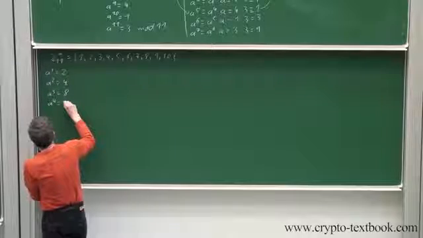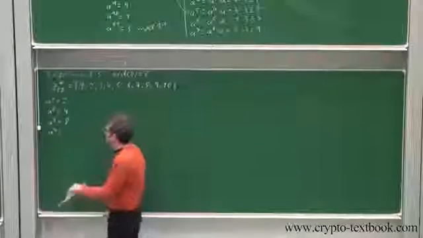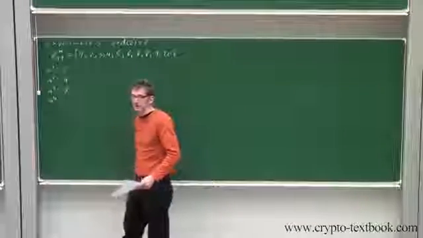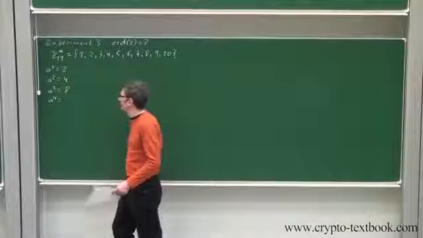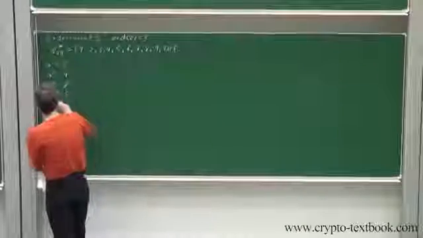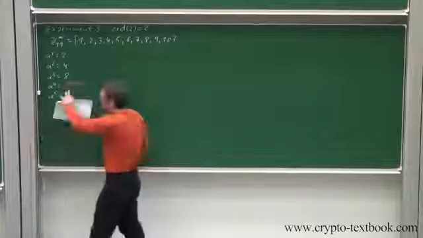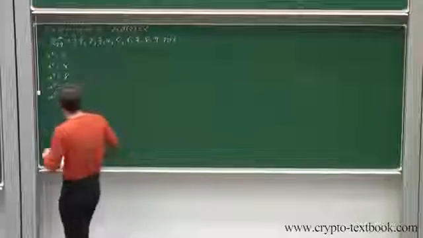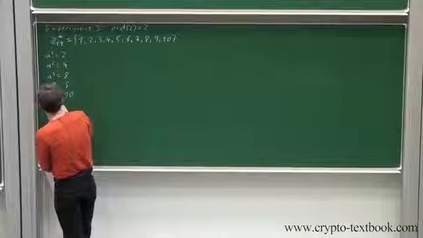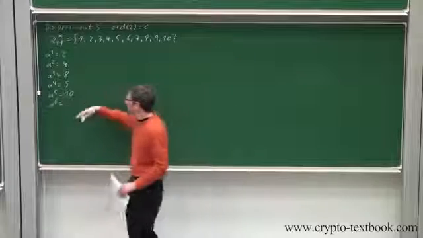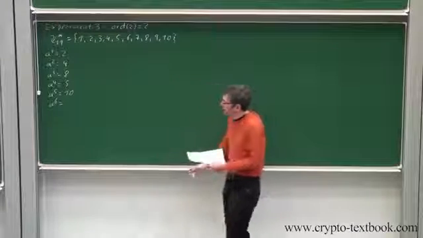A to the 4 is 2 times 8, which is 16. 16 modulo 11 is 5. Very good. A to the 5th is 2 times 5, which is 10. It's unchanged, we don't have to reduce. A to the 6th is 2 times A to the 5th, which is 20.